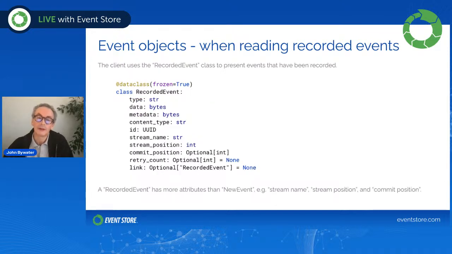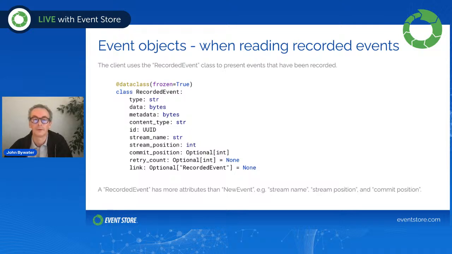When reading events from the database, we get event objects that are instances of the recorded event class. The recorded event class has more attributes than a new event. In particular, it has the type, data, metadata, content type, and ID. But in addition, it has the stream name, stream position, and the commit position. It also has a retry count and a link attribute, which are used in some cases.